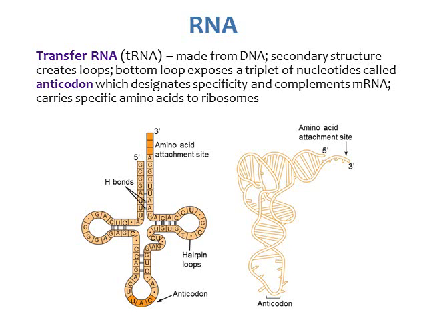The bottom loop exposes a triplet of nucleotides called an anticodon. So here we have an anticodon. This anticodon designates specificity and complements an mRNA. So remember, we just talked about mRNA has codons, tRNA has an anticodon.